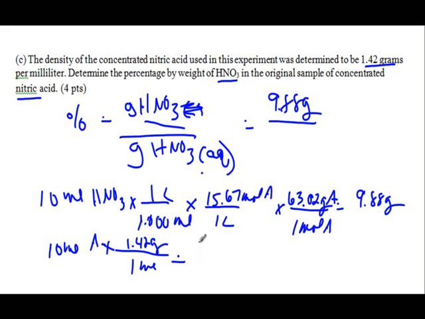So if I multiply this out, I get 14.2 grams. Okay, so I'm going to put that here, 14.2 grams. And I'm just going to take this, multiply it times 100 to get this as a percent. And if we do that, we get 69.5% HNO3. Okay.